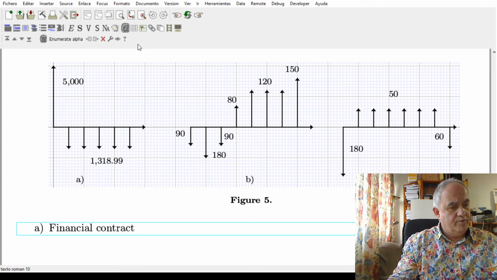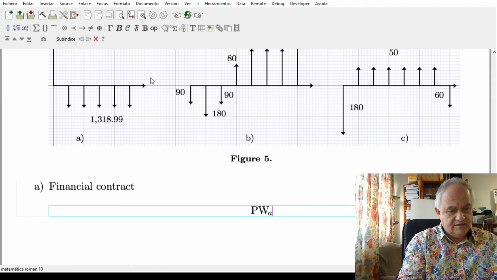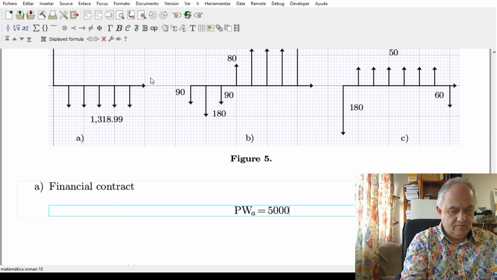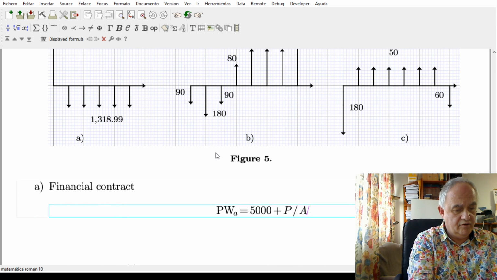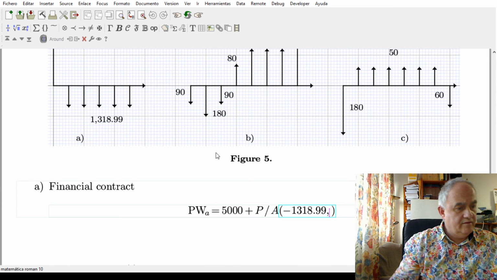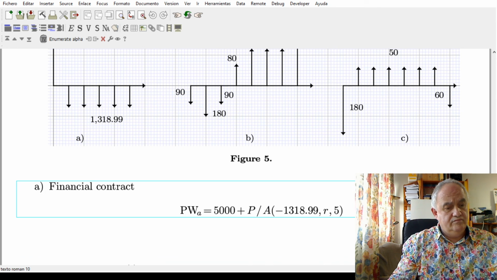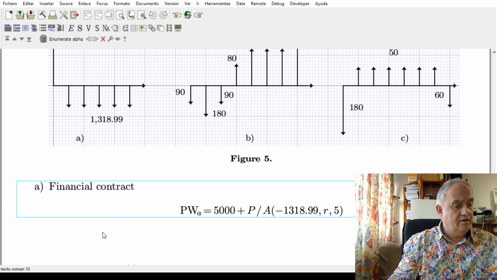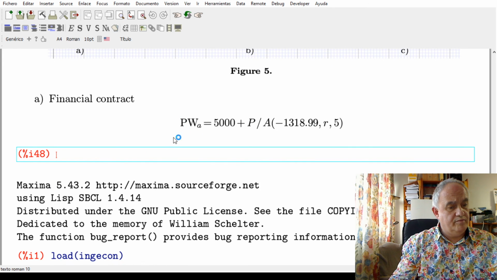We'll open the formula, and the formula is saying the present worth of A is equal to, let's say, minus 5,000, or plus, let's follow the rule, plus 5,000, plus the present worth of this annuity that we know is minus 1318.99, okay, during 1, 2, 3, 4, 5 payments, 5 years. Okay. It's easy to handle. Let's now open here Maxima. Oh yeah, it is open there, and the model will be very simple.